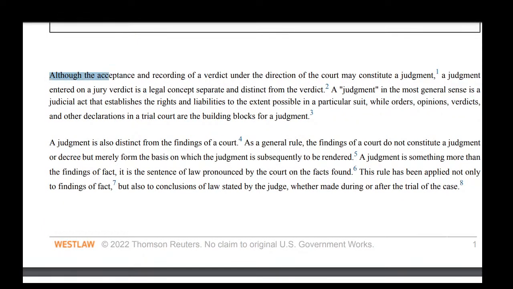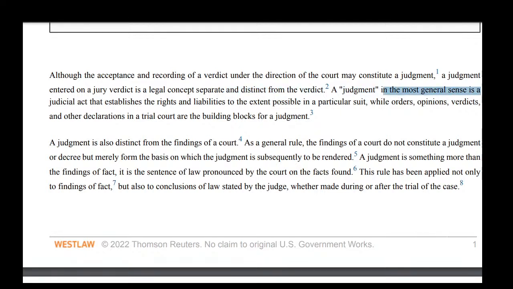Although the acceptance and recording of a verdict under the direction of the court may constitute a judgment, a judgment entered on a jury verdict is a legal concept separate and distinct from the verdict.